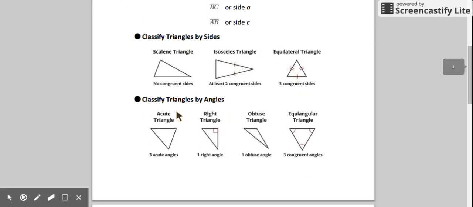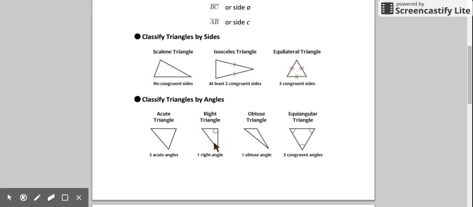If I look inside and I classify my triangles by angles, we have four different classifications. If all three of my angles measure less than 90 degrees, or if each of my angles are acute angles, I have what's called an acute triangle. If I have a right angle in my triangle, then I must have a right triangle.